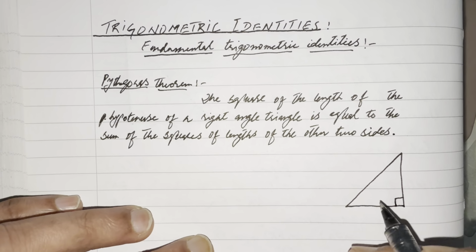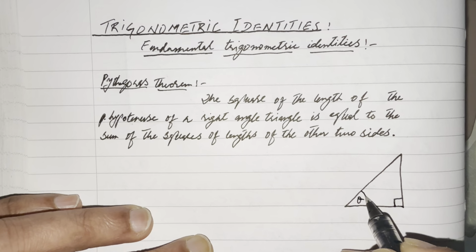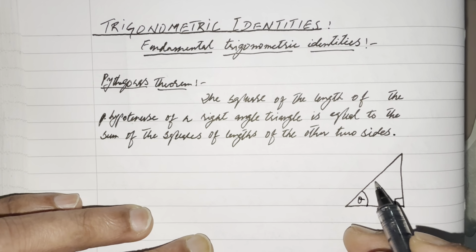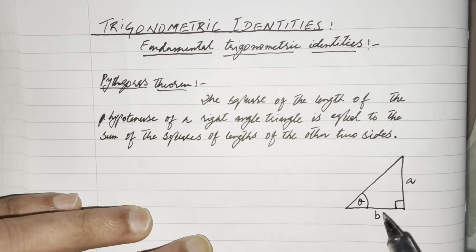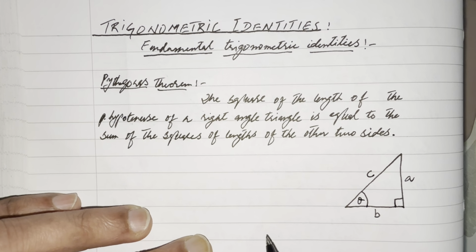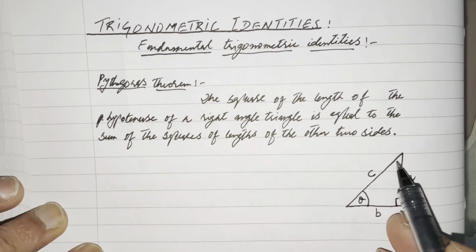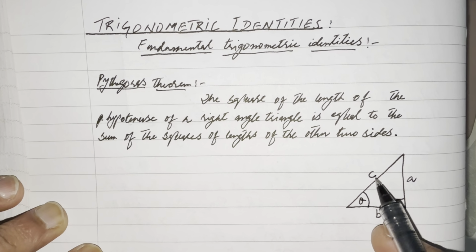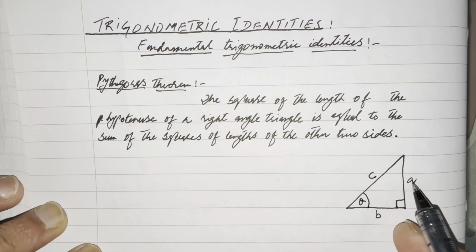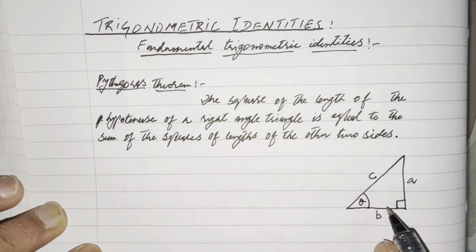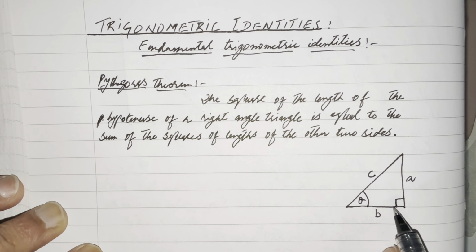Let's consider that this angle is theta, and the three sides, this side is A, this side is B, and this side is C. Remember that the diagonal side is always called the hypotenuse, and the other two sides are the altitude or base. Or you can say perpendicular. This line is perpendicular and this line is base.